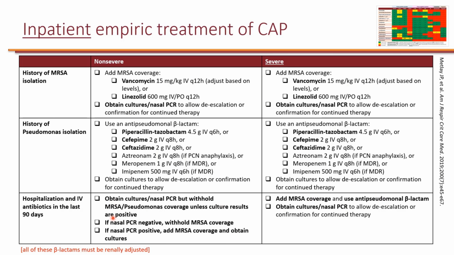But for non-severe, you can actually take a watchful strategy. So, as long as the patient is stable and improving, you just wait for the culture results to come back. But you do start antibiotics for the usual pathogens.